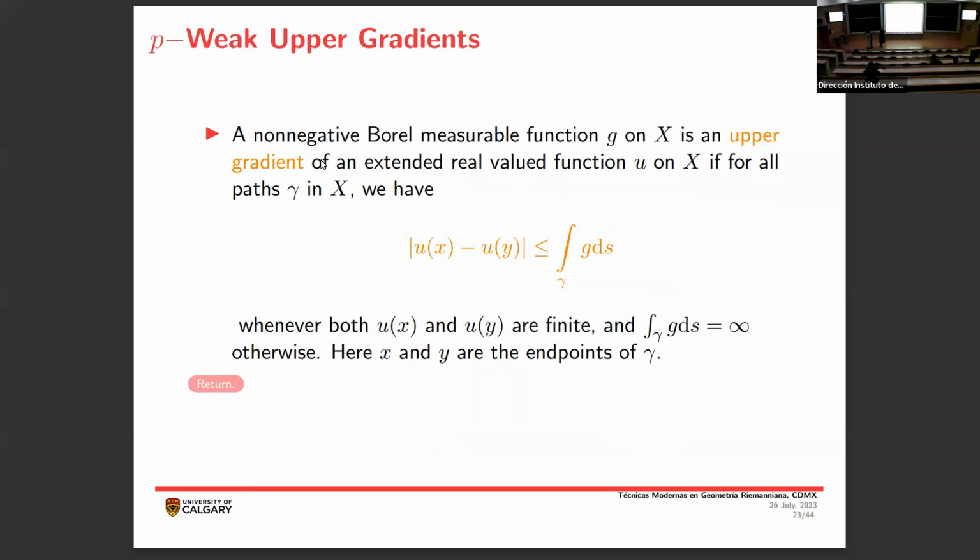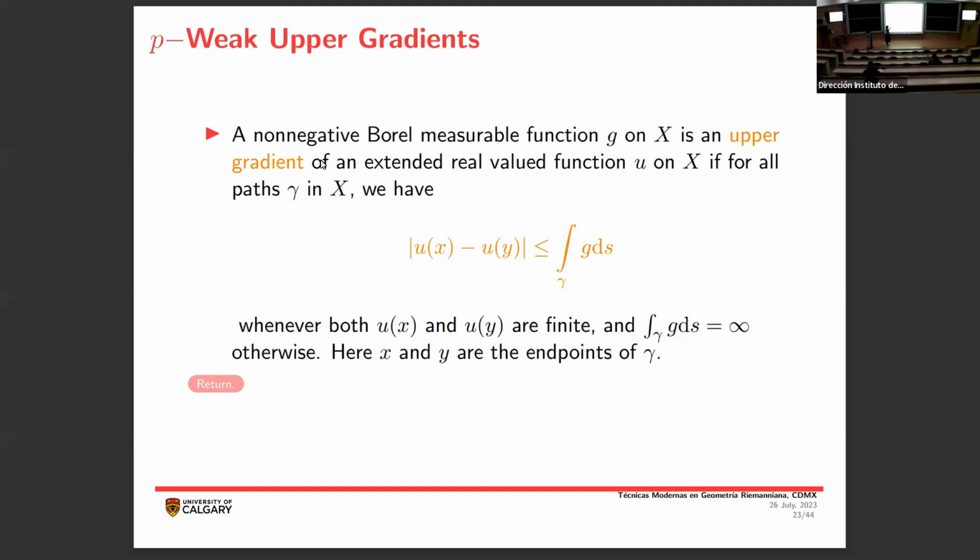Now, assume that we are in R^n. So we clearly have that the modulus of the gradient of u satisfies this inequality. So we can think of upper gradients as a generalization of the modulus of the gradient. Unfortunately, on metric measure spaces, we lose the linearity that we had with the gradient in the Euclidean case.